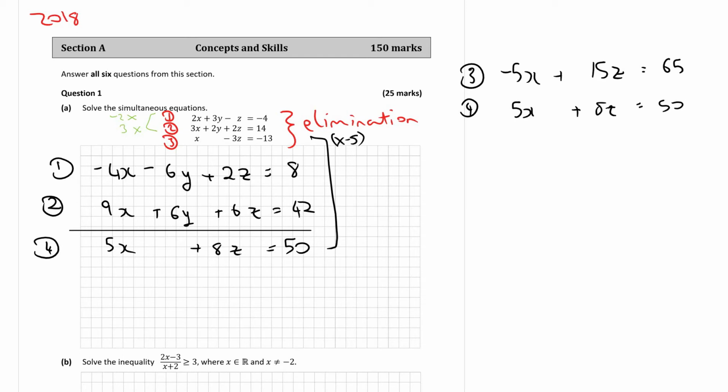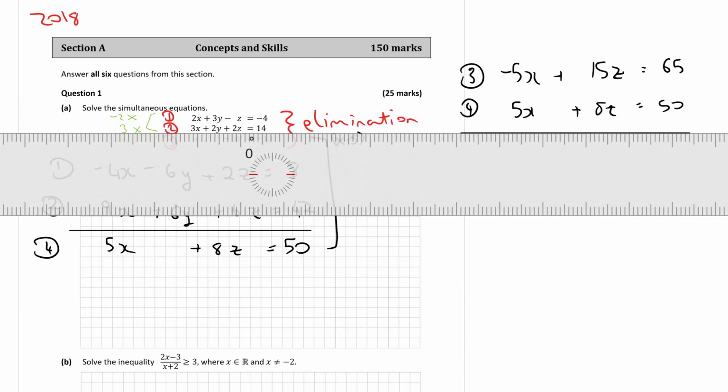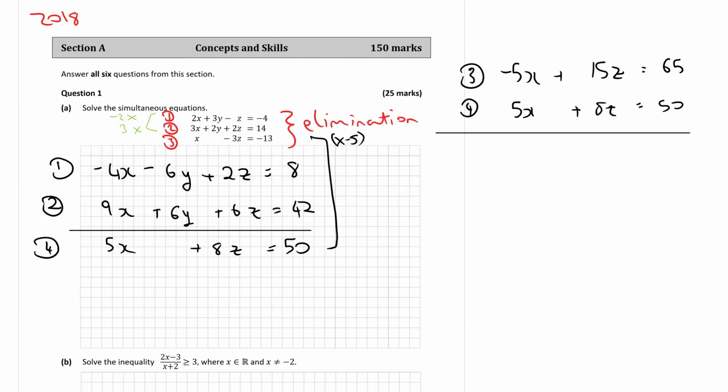Right, I'm going to get some large numbers, but that doesn't really matter. Now what happens when I add those two lines together, I eliminate the x's, so I'm just left with the z term. So here I'm going to have 15z plus 8z, that's 23z is equal to 115. And that means if I divide both by 23, z is equal to 5. So I've worked out what z is.